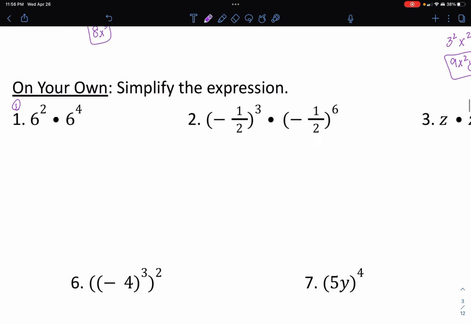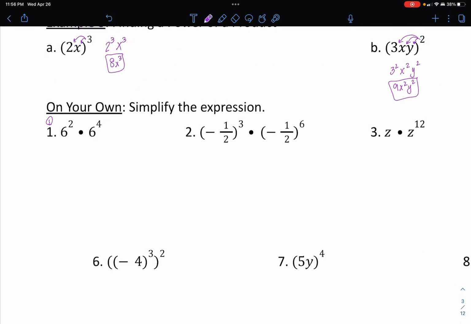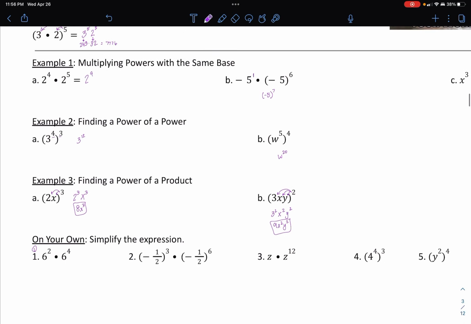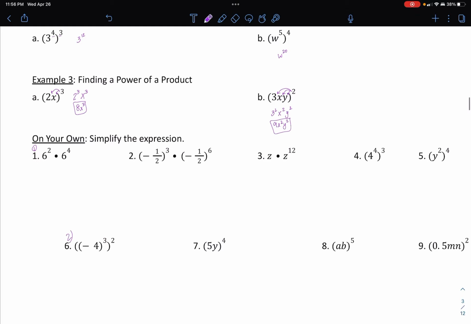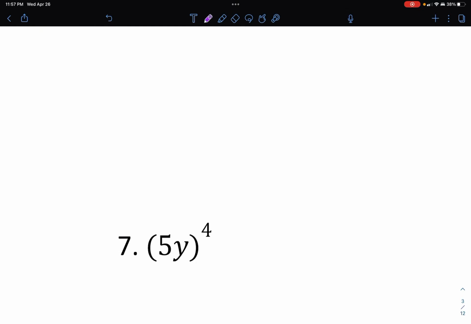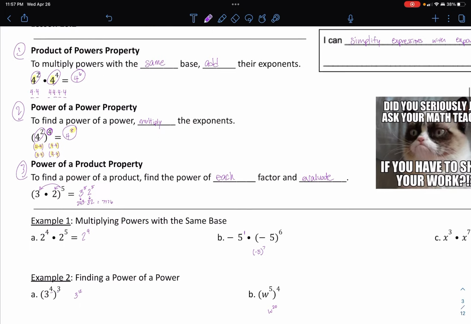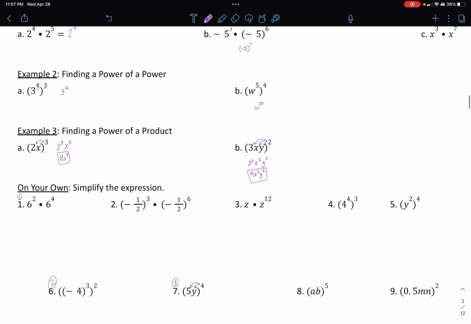Whereas in number 6, that's very similar to rule number 2, so I'm going to write the number 2 next to this problem. In problem number 7, it looks like I have multiple things on the inside of my parentheses, so that looks like rule number 3. That's going to help you identify which rule you're going to use to simplify the exponents.